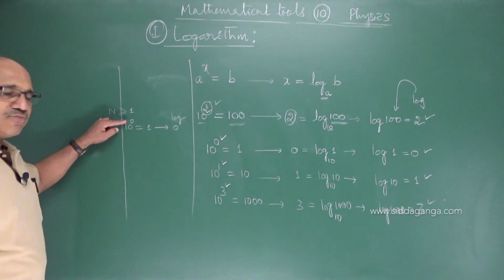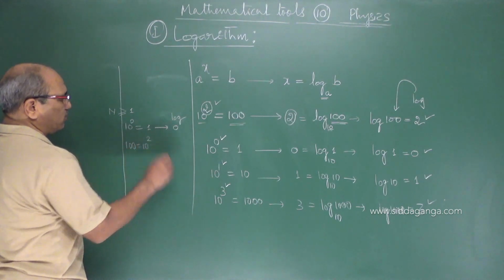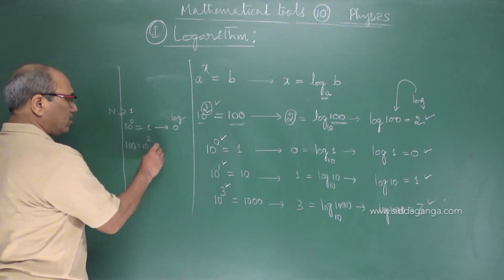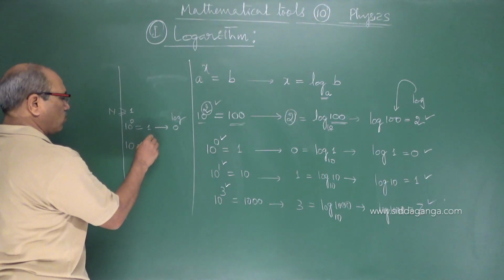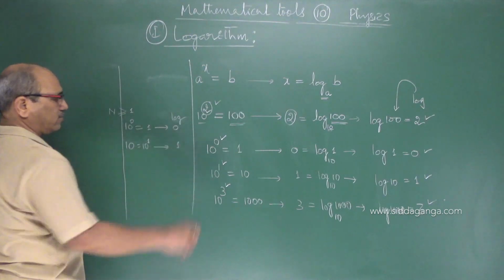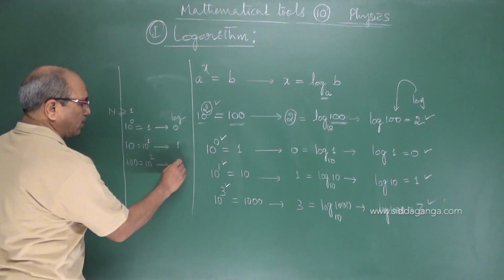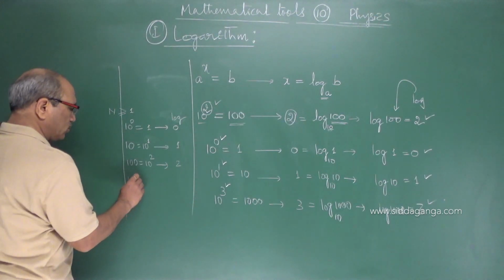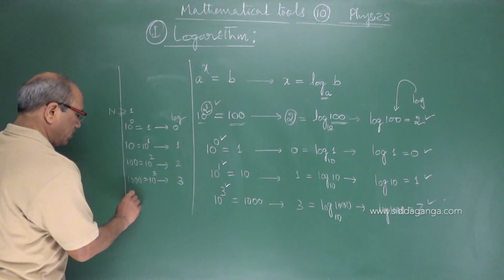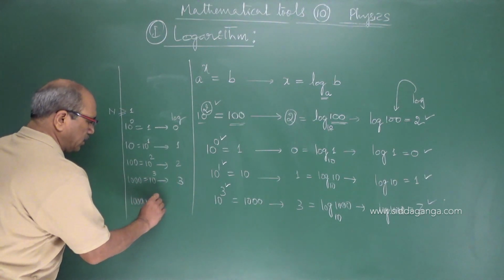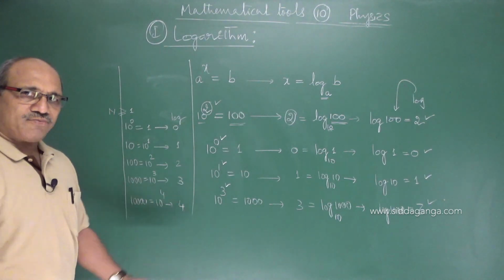If I take 10, it is 10 power 1, its log value is 1. If I take 100 as 10 power 2, its log value is 2. 1000, its log value is 3. 10,000, you can write it as 10 power 4, its log value is 4. Fine, now you are starting to follow this.